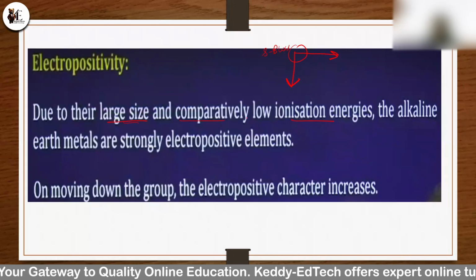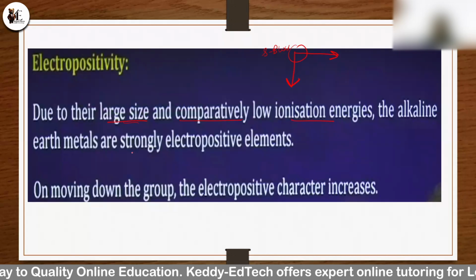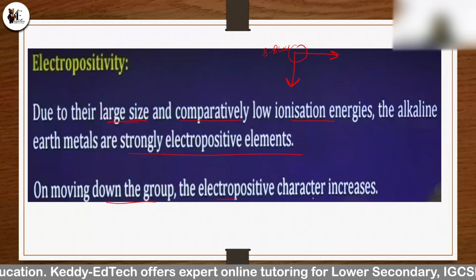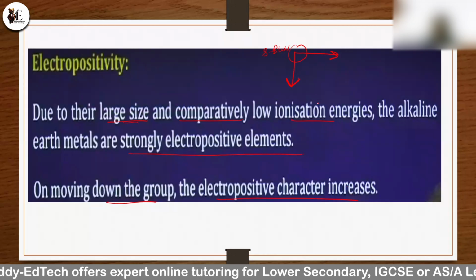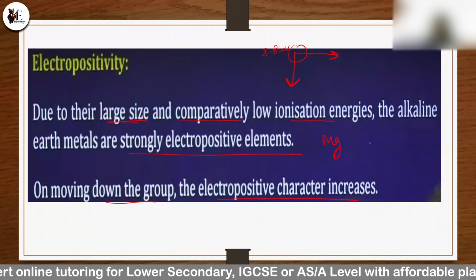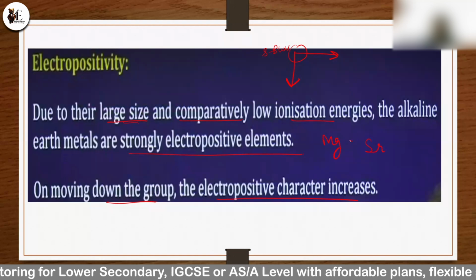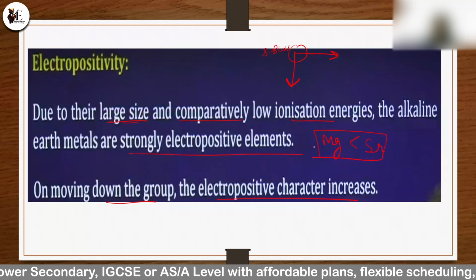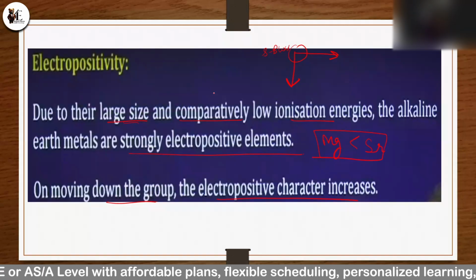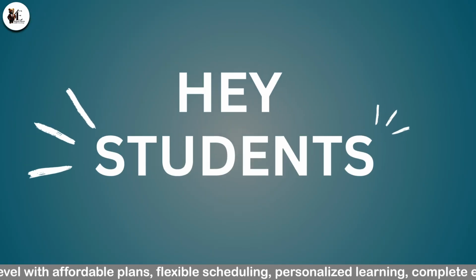Due to their large size and low ionization energy, they are strongly electropositive, and on moving down the group, electropositive character increases. If I ask which one is more electropositive, magnesium or strontium, you will say strontium. Yes, perfect.